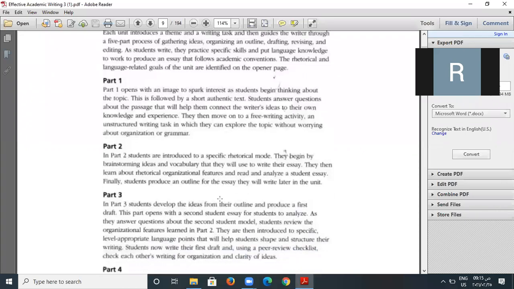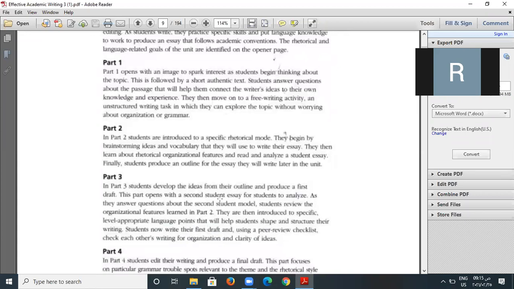Okay. We move to part 3. Part 3, students here develop their ideas from the outline. طبعا an outline. Now, when a student starts writing at the writing stage, he can use these ideas that he generated in the first part, and then he made an outline for these ideas.